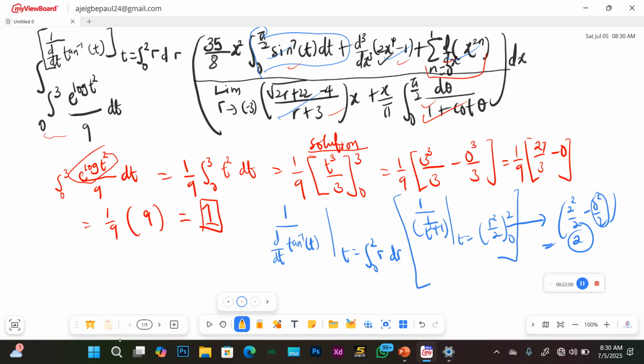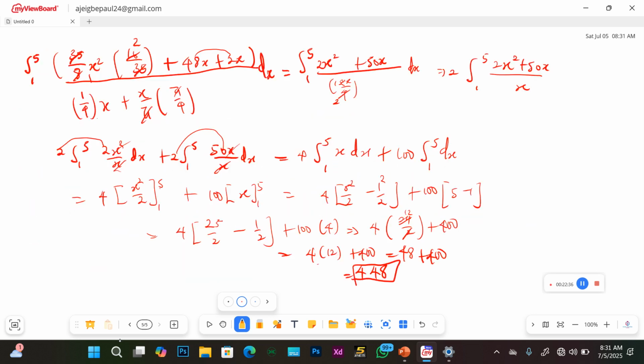Then the upper limit, which is 1 over d dt of arctan of t, with t equals 0, from 2r dr of 35 over 8x squared integral from 0 to pi over 2 sine raised to the power of 7t dt, plus d cube over dx cube of 2x raised to the power 4 minus 1, plus the summation of n from 0 to 1 of d dx of x raised to the power of 2n, over the limit of r raised to the power of minus 3 square root of 2r plus 22 minus 4r, plus 3x plus x over pi integral from 0 to pi over 2 d theta over 1 plus 40 theta, dx is equal to this beautiful result, 448.